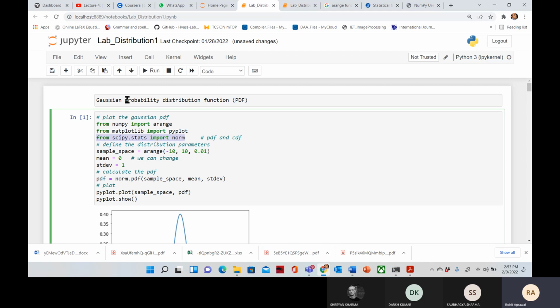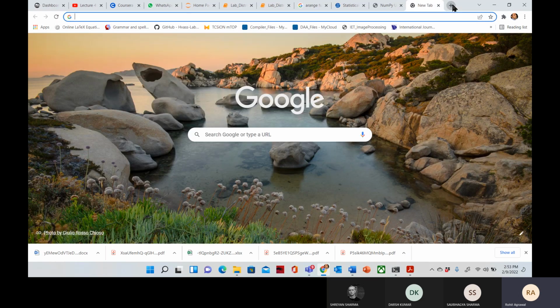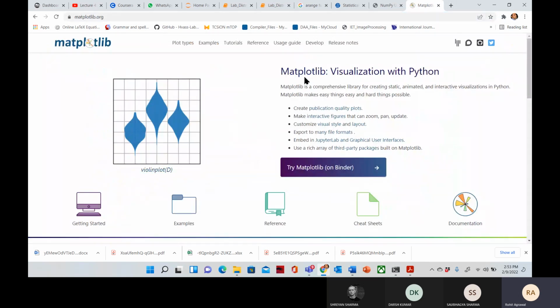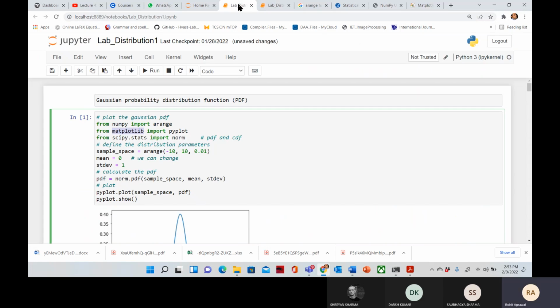In our next tab, I will show you. And matplotlib, what is this for? It is for plotting the data. Again we have documentation here. All the libraries have their own documentation. Matplotlib.pyplot, I have already written here.